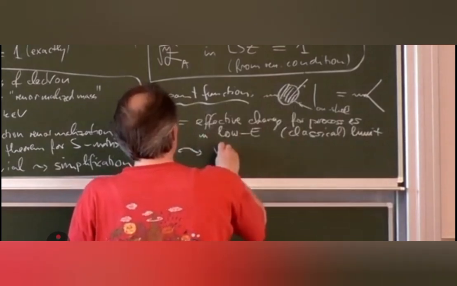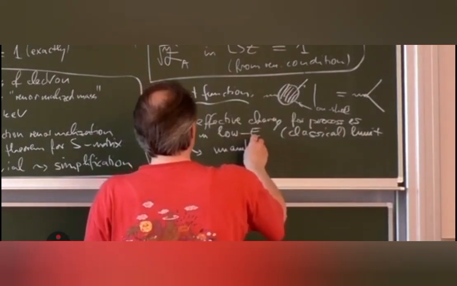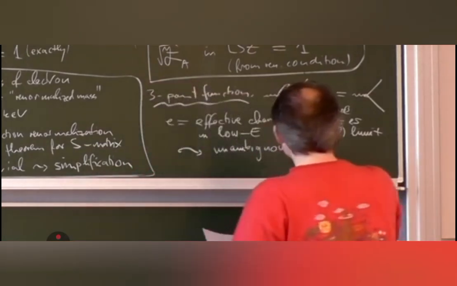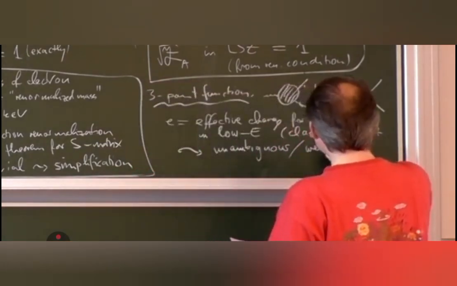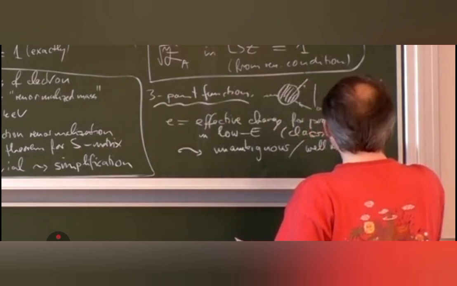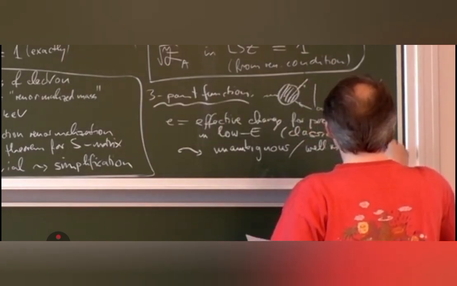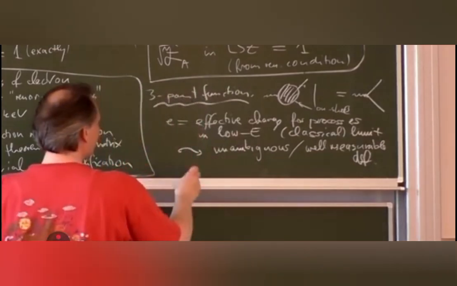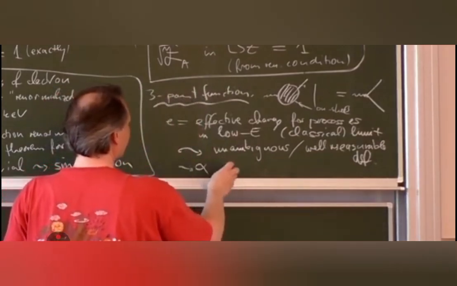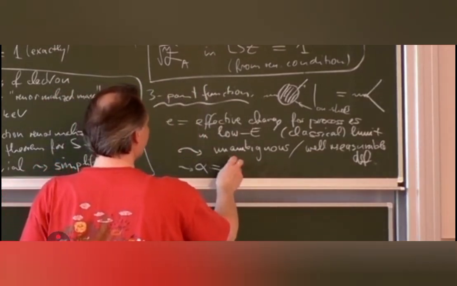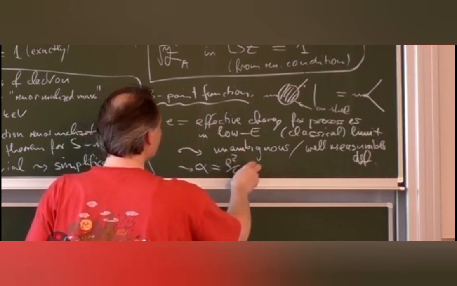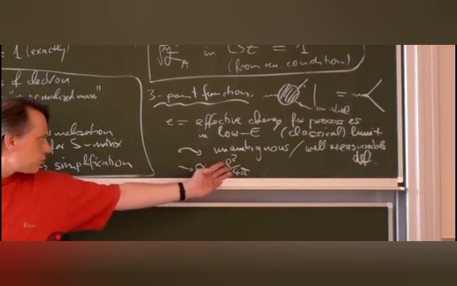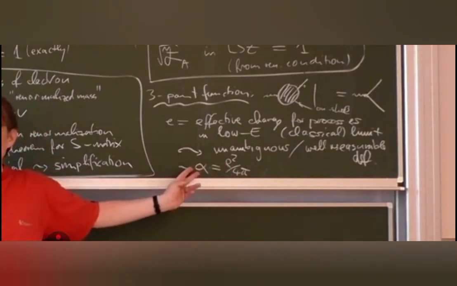The advantage of this is that this is an unambiguous and well measurable definition. And of course the outcome is that we can define alpha, which is defined as e squared over 4 pi, the fine structure constant, and measuring e is equivalent to measuring the fine structure constant.